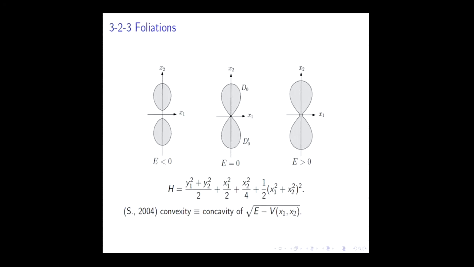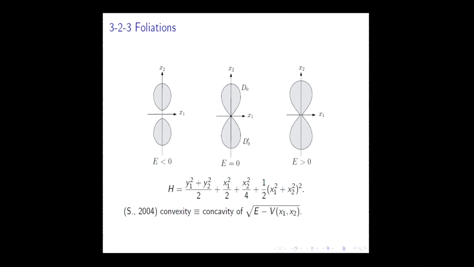So the convexity property is equivalent to checking that this function here is strictly concave. And moreover, the boundary of the energy level must also be convex as a curve. So this is an example that we can compute.